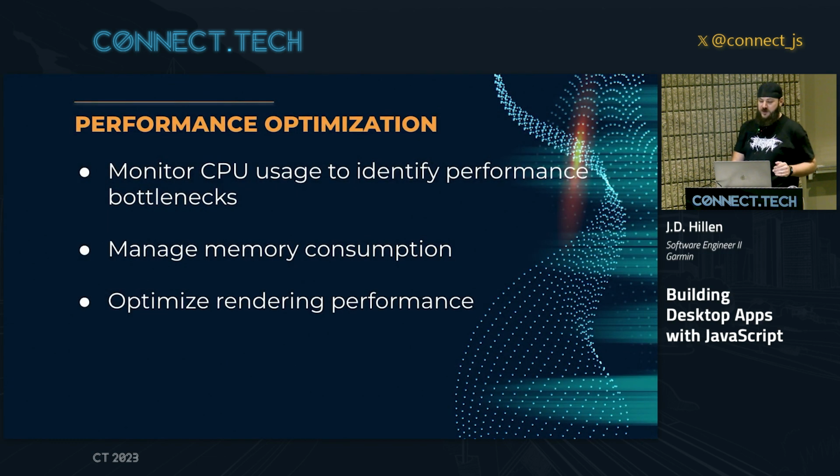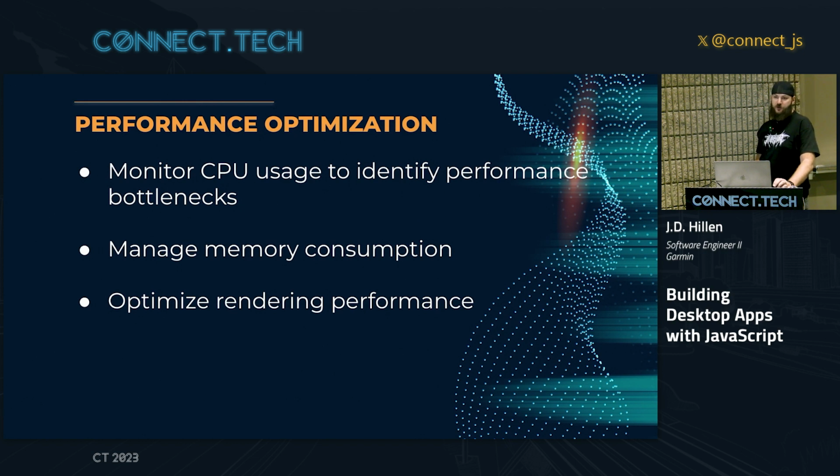So, a couple things that we need to worry about is if you're using Electron, really consider your performance optimizations. So we're talking about monitoring CPU usage and identifying performance bottlenecks. Excessive CPU usage can indicate inefficient code, computationally intensive tasks, or suboptimal resource utilization. So basically you coded it wrong and it's screwing up.